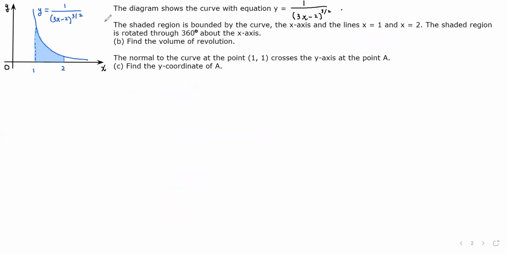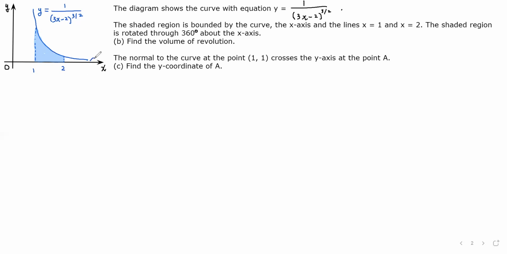For part B here, you are given the curve y equals 1 over (3x minus 2) to the 3/2. The shaded region is bounded by the curve, the x-axis, and the lines x equals 1 and x equals 2.